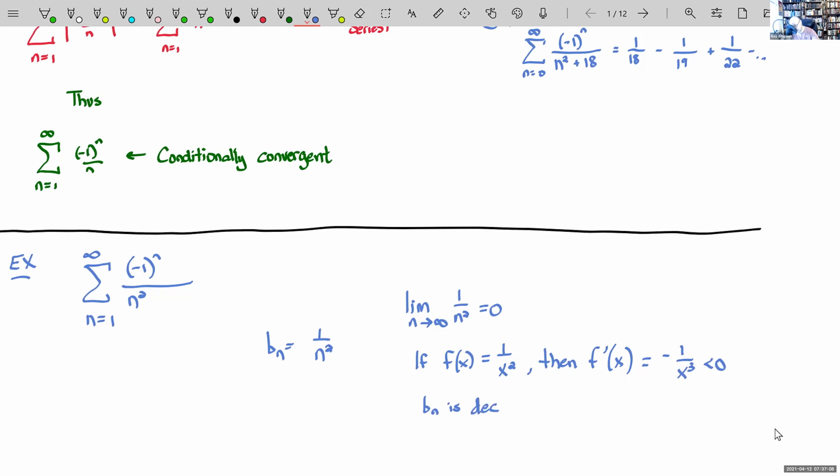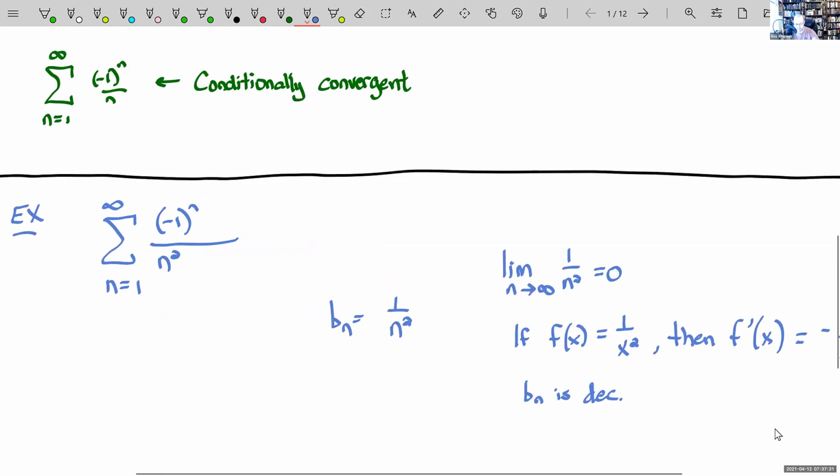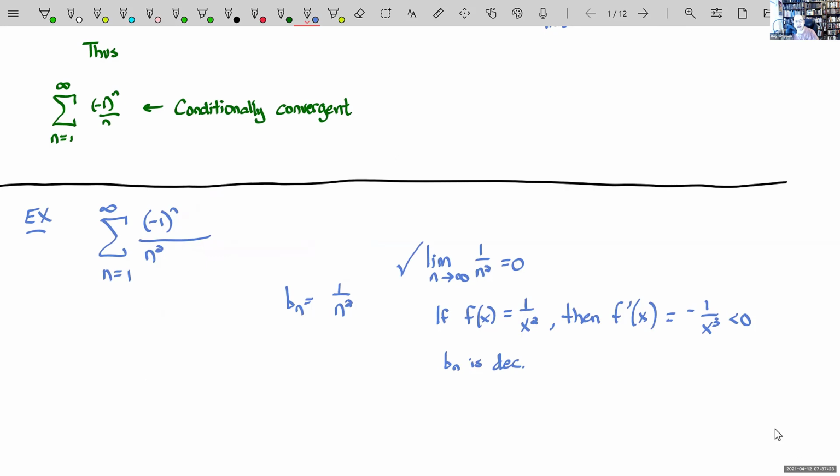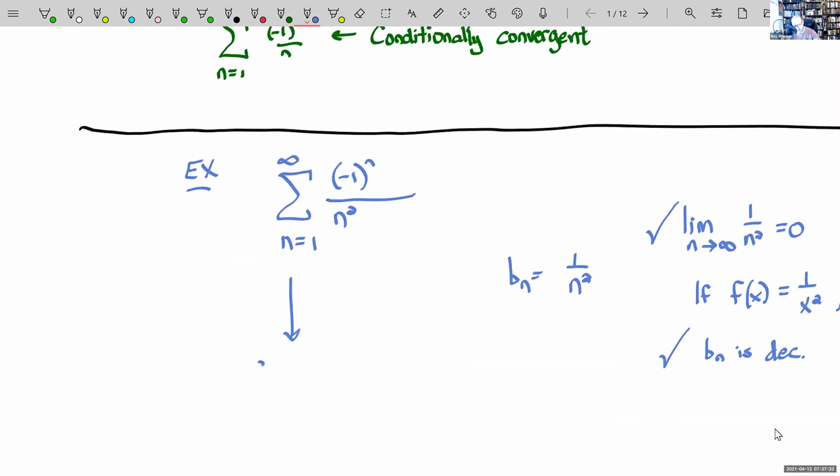Remember, the alternating series test says if you have an alternating series, and the positive version of your sequence, 1 over n squared, tends to 0, check, and is decreasing, check, then the series will converge. So this converges by the alternating series test.